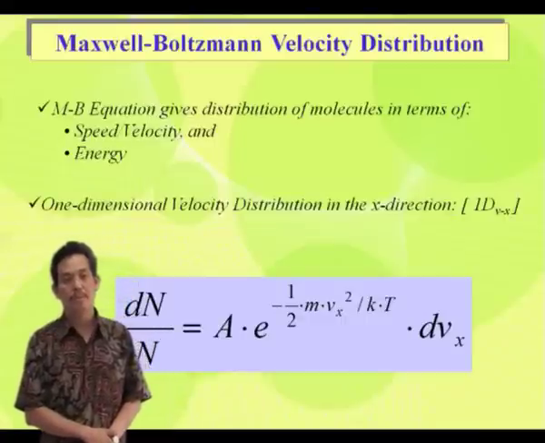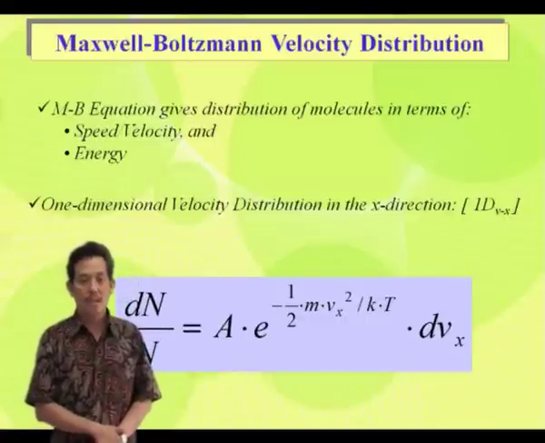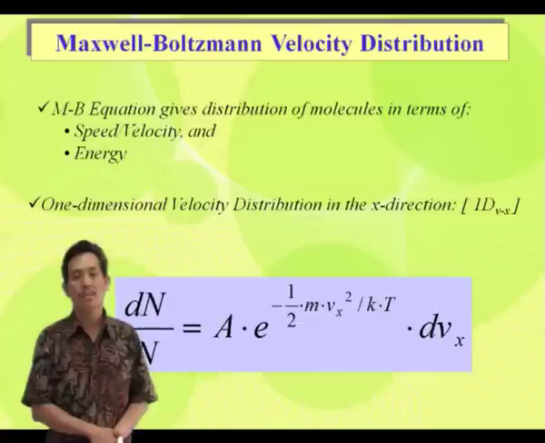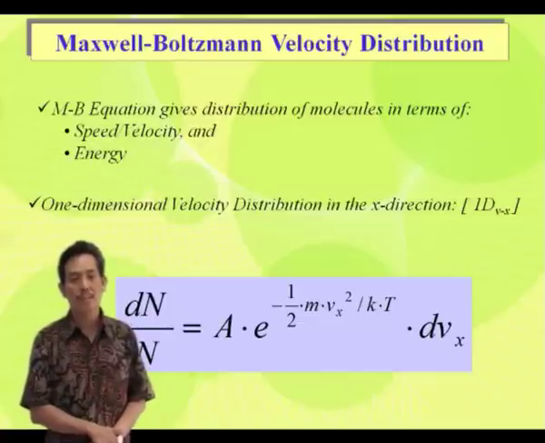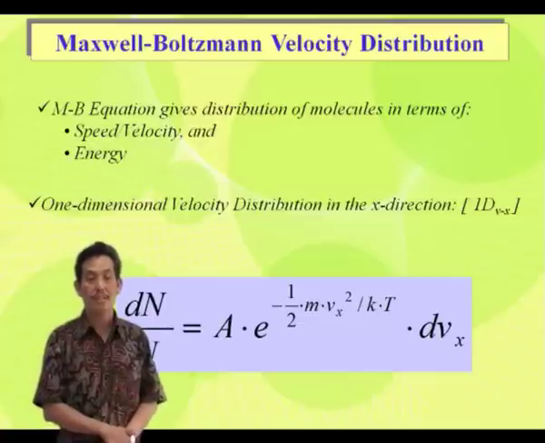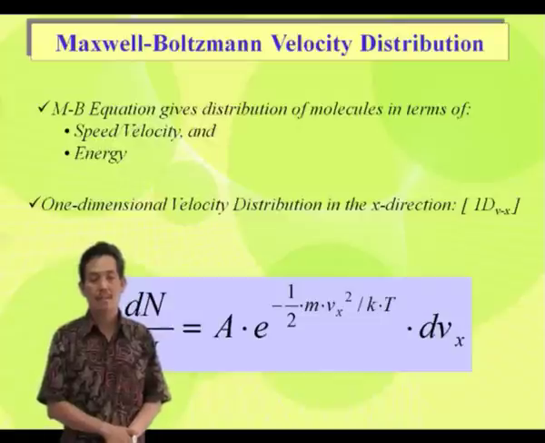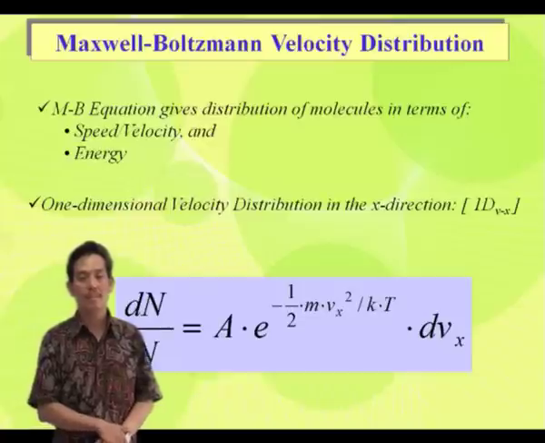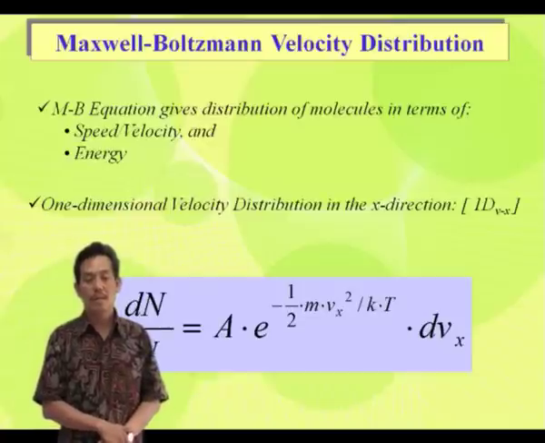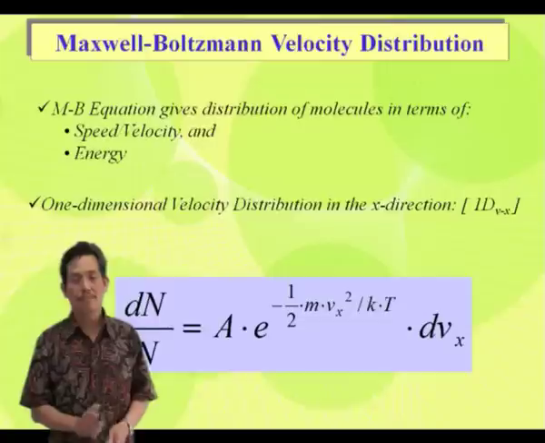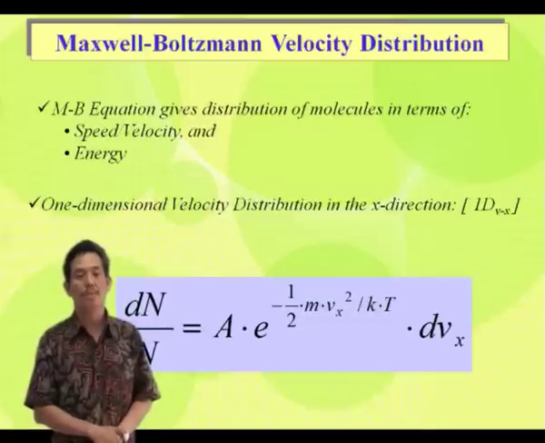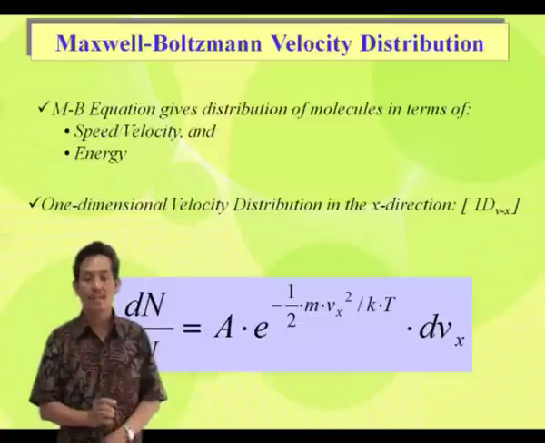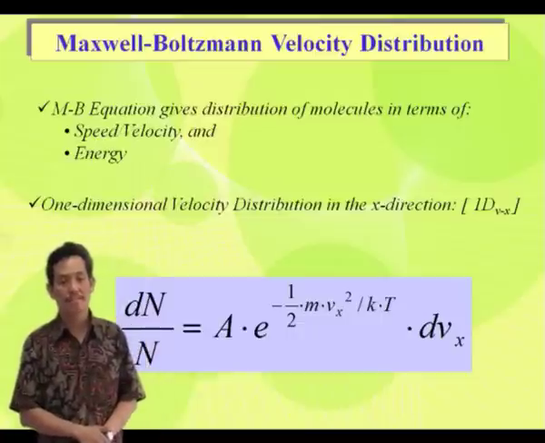Maxwell-Boltzmann distribution gives the distribution of molecules in terms of speed and velocity and also energy. So by understanding the distribution, we know the fraction of the molecules that have a certain velocity.